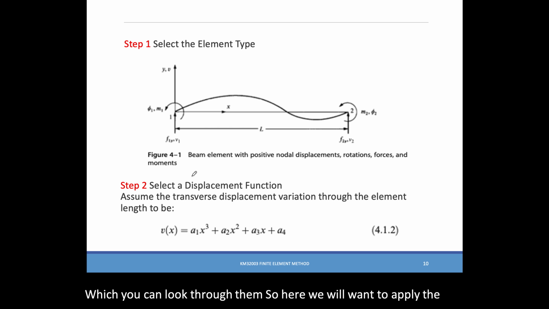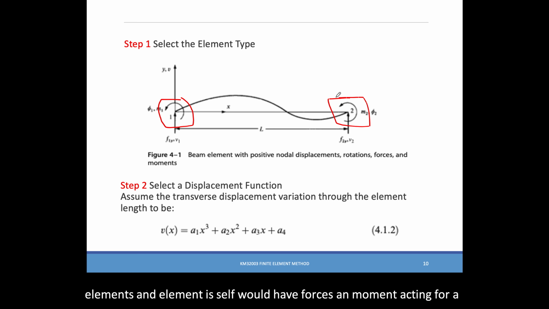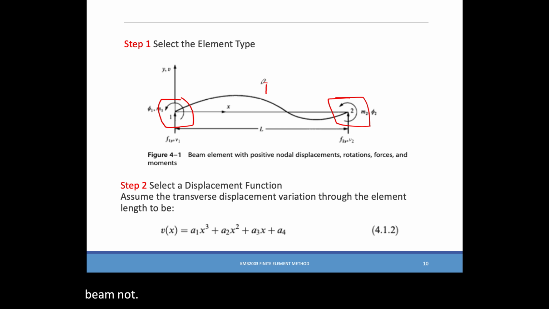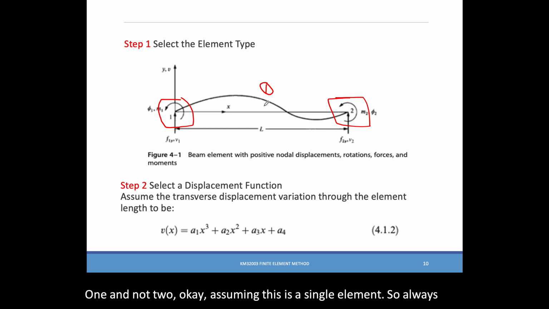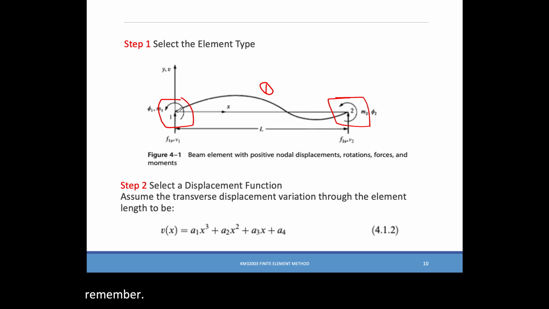Here we will select the elements. An element itself would have forces and moments acting for a beam, okay, at node 1 and node 2, assuming this is a single element. So always remember, load would only apply at the node, okay, only at the node.